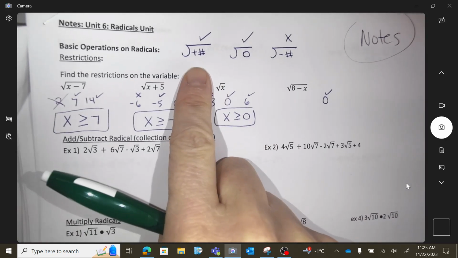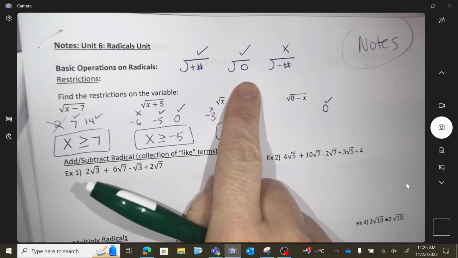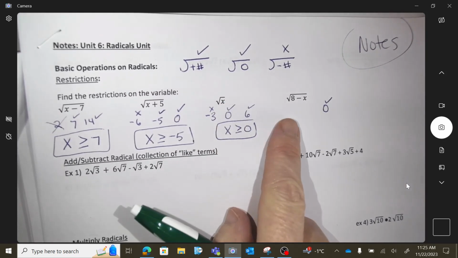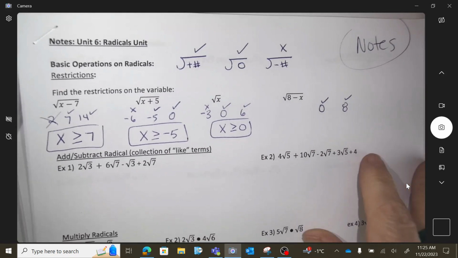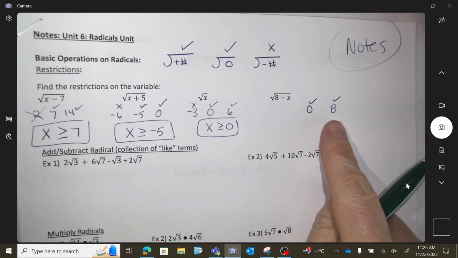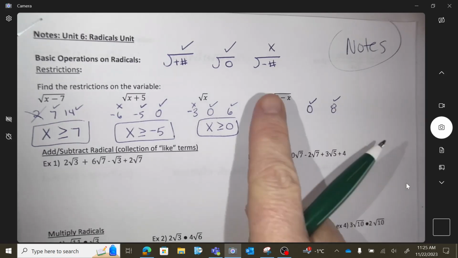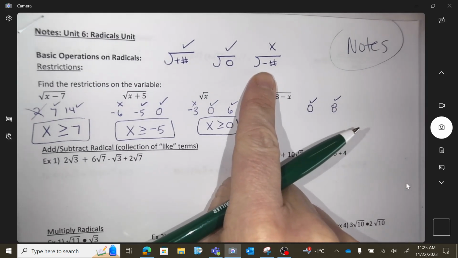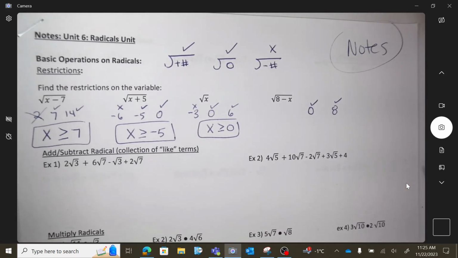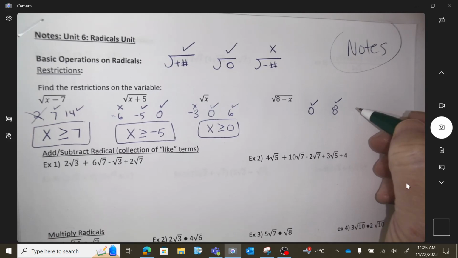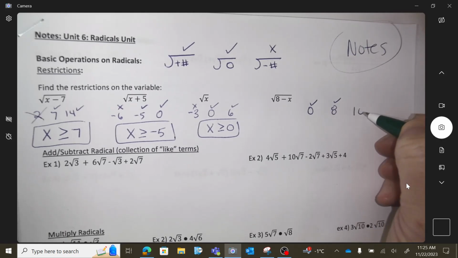Okay, what's an example that would make it 0? If x was 8. So that works. 8 still works. Can you give me an example that would make it negative? If x was something like 10?